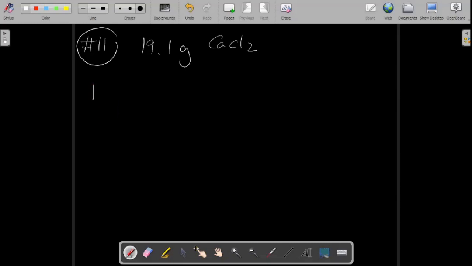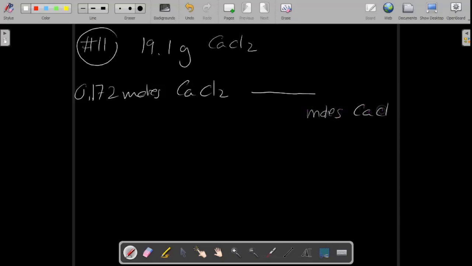So you started with 0.172 moles. That's what they give you. And they want to know how many grams. That is the question. So we know we want to get rid of the moles. We don't want moles of this calcium chloride. We want to have grams.